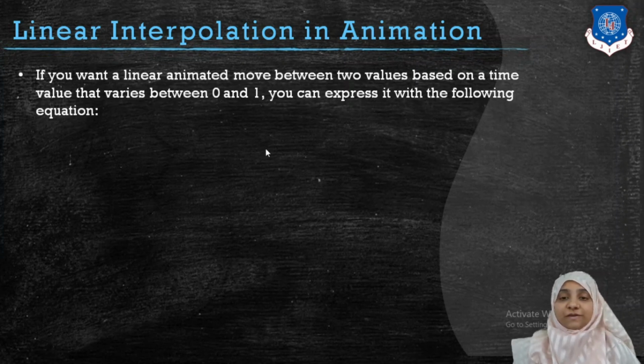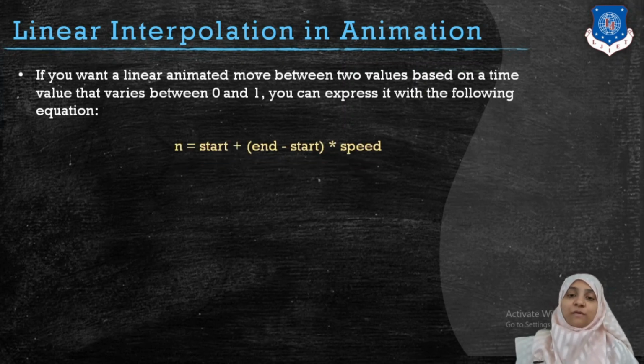First of all, we have seen that our multiplier or weighting component always ranges between 0 and 1. So we substitute the y value that we wish to find as n. Y0 is nothing but the starting point of the animation. End is the point up to where we want to animate a particular object, and speed is your weighting component.